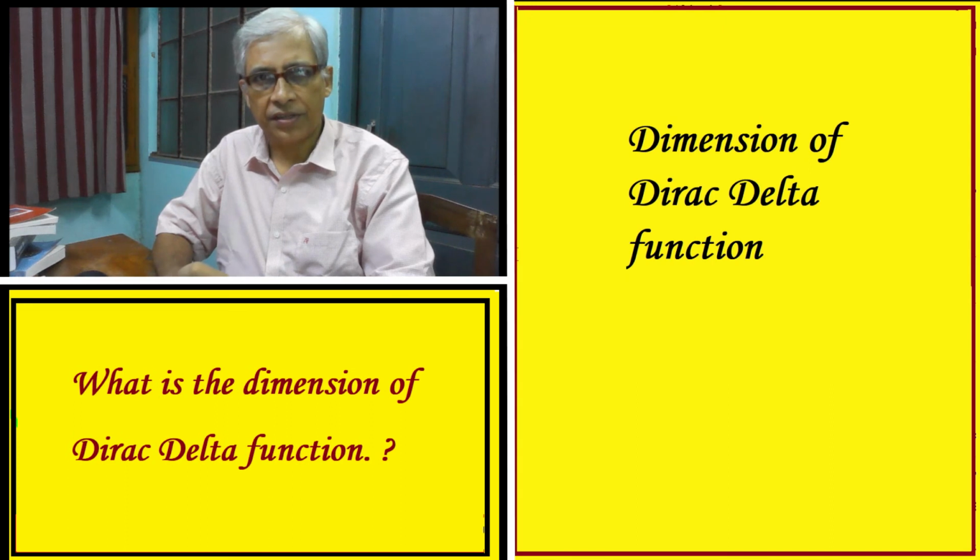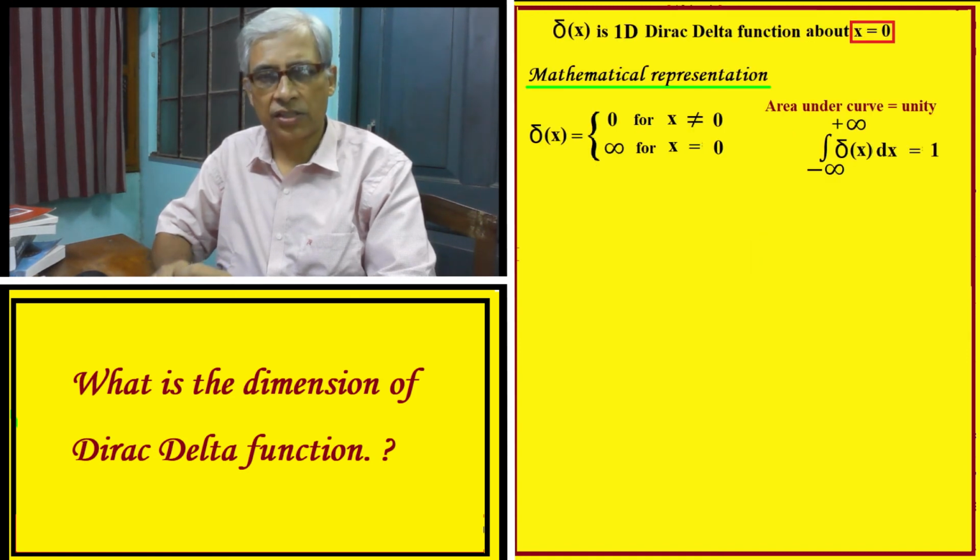Let us now find the dimension of Dirac delta function as wanted in the question you see in the left slide. The features or the characteristics of the Dirac delta function, delta of x, has been written at the beginning of the right slide.